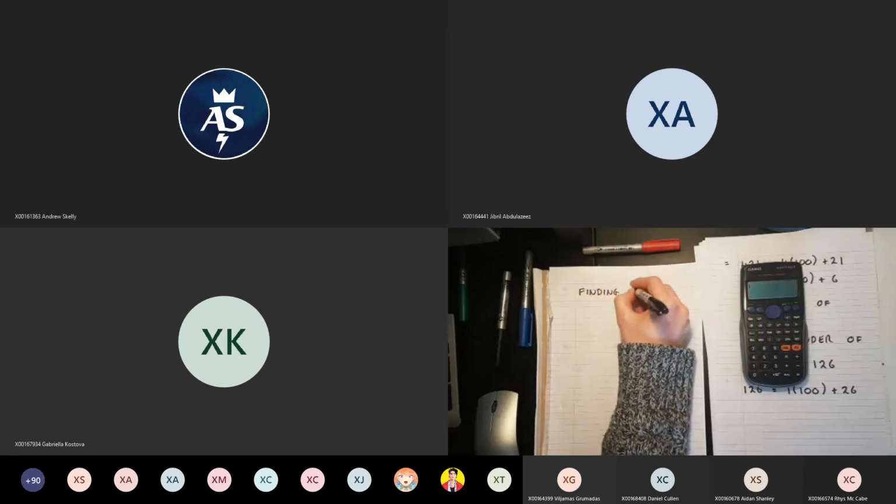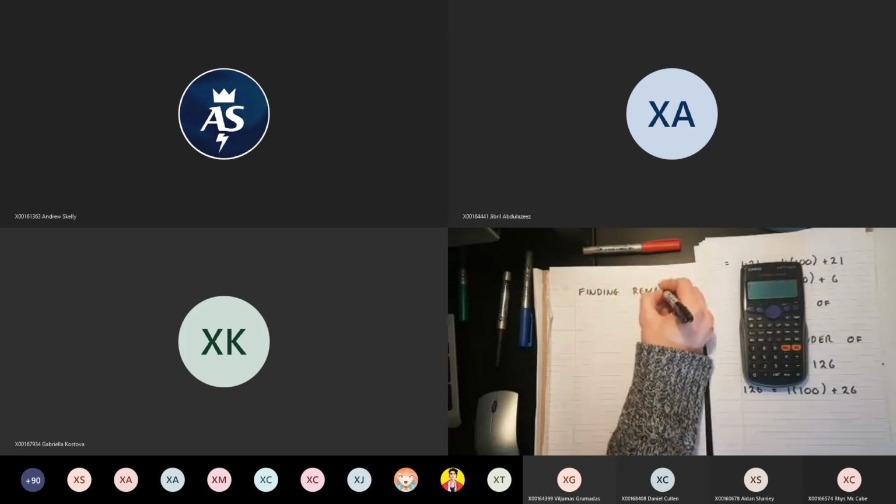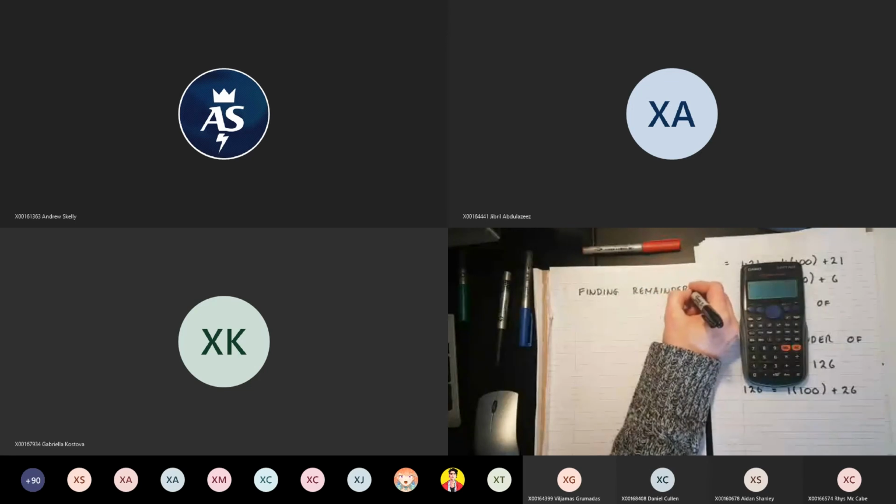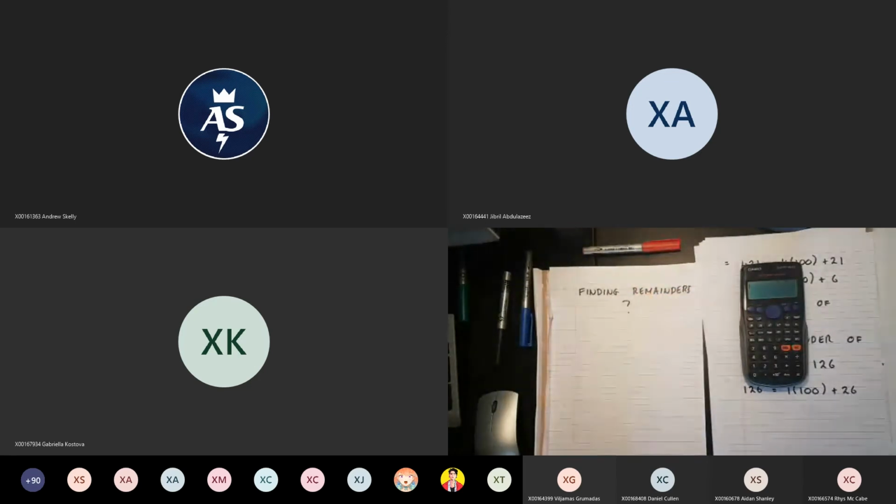How do I go about actually doing it? Of course, I will need a calculator. You don't need one here with you today, but when the exam comes, you will want a calculator. But it's a very easy calculation. It's really not all that bad.